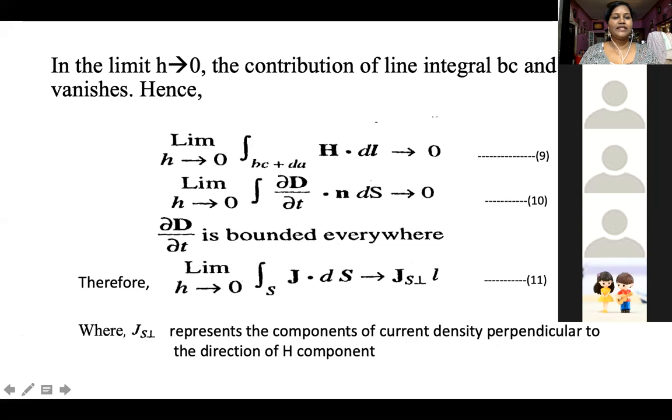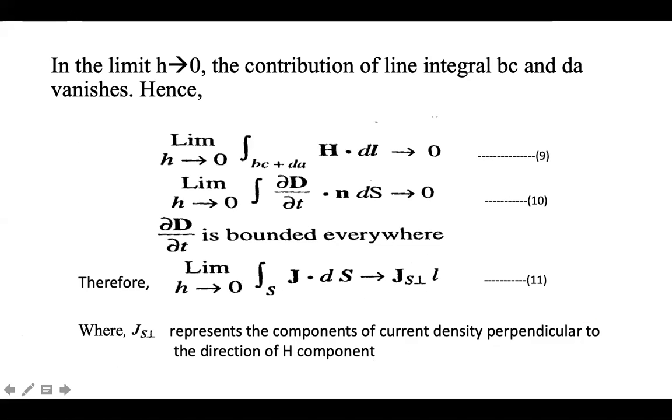So what are we getting here? In the limit h tends to 0, or the height is becoming 0, so you are just compressing the surface, the contribution of the line integrals BC and DA vanishes. Hence, under this limit, you can see this is approaching 0, and dou D by dou t dot ds is also approaching 0.